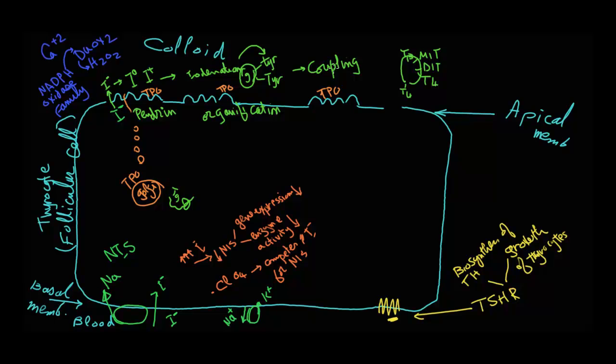A few words about coupling. We are going to repeat what we have mentioned before. Coupling is also catalyzed by TPO, and it is the oxidation of two iodotyrosine residues brought into proximity by the tertiary and quaternary structure of the thyroglobulin.